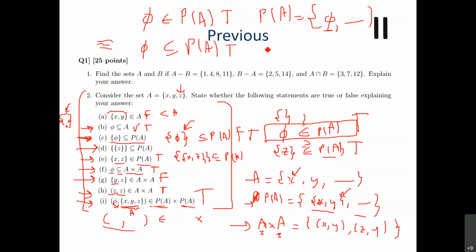Here we're asking, are all the elements in phi also in the power set of A? Yes, because can you find an element here that's not here? No, because you don't have any elements to begin with. So they're definitely all there.